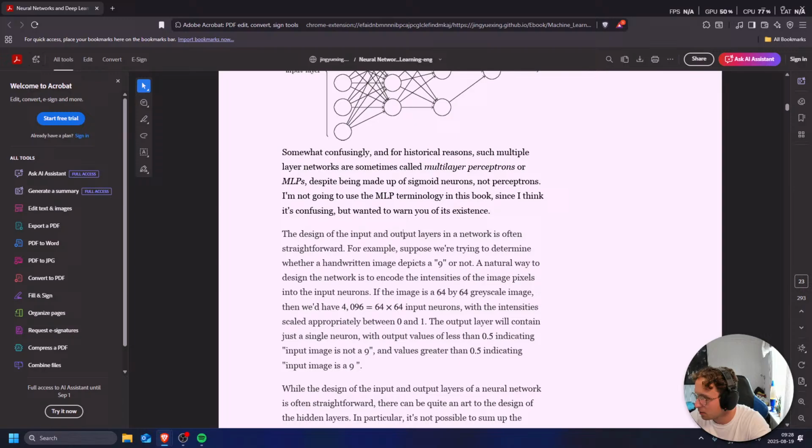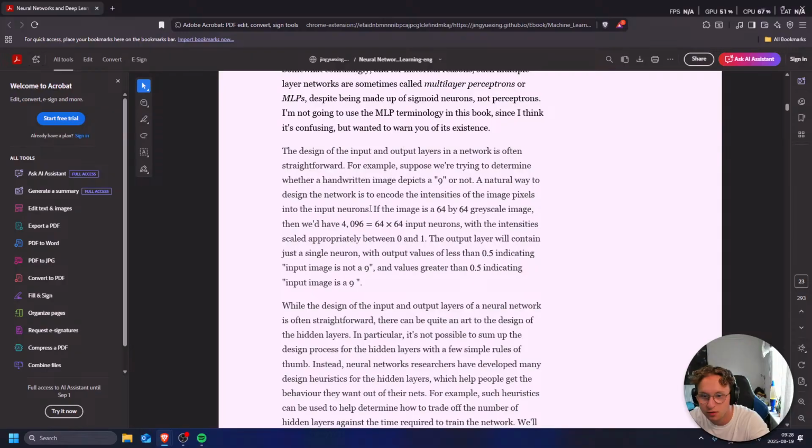Yeah, this is good. So they are pretty straightforward. An actual way to design the network is to encode the intensities of the image pixels into the input neurons. If the image is a 64 by 64 grayscale image, then we have the multiplication of those two numbers, which is equal to 4096, with the intensities scaled approximately between 0 and 1.